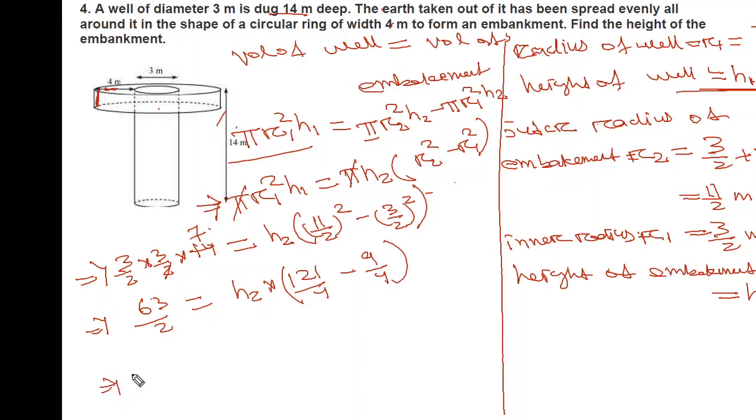It will be equal to, here 63 by 2 will be equal to H2 into 121 minus 9, which is 112, divided by 4. Now you can cancel this, 28.